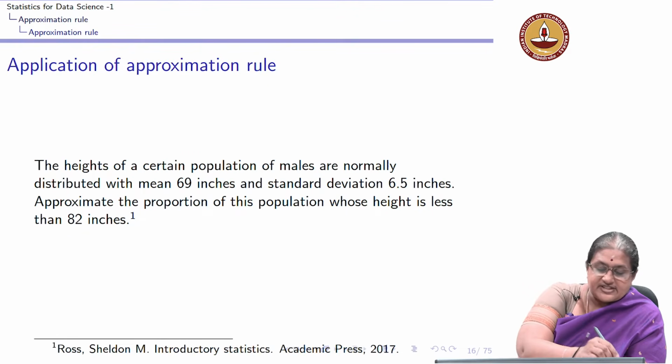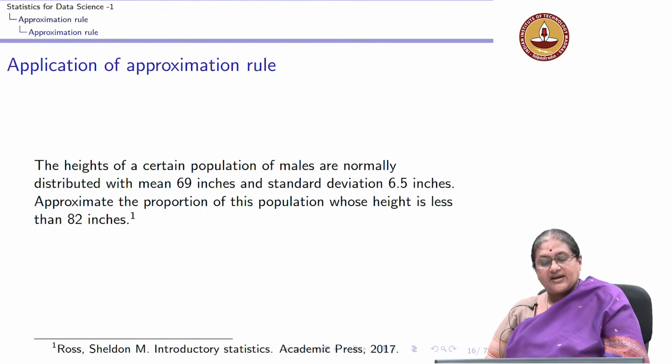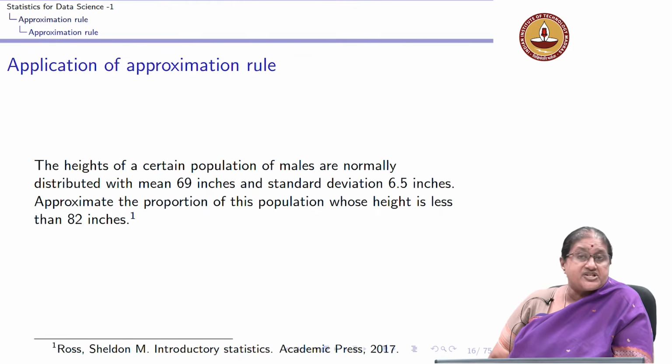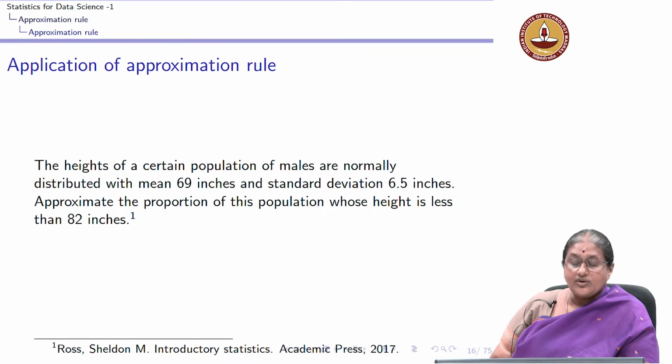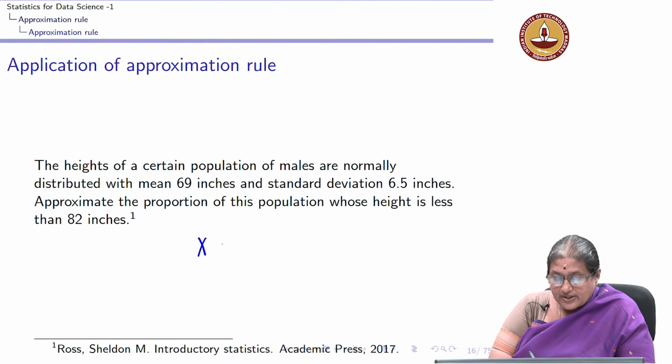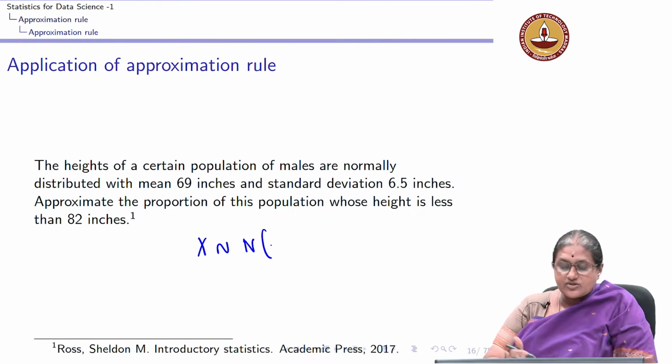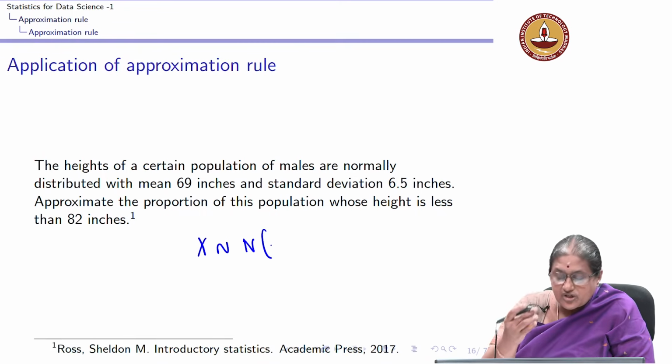The first example: it is given that we are looking at the height of a certain population. It could be 1000 people, it could be 10,000 people, but what is the distribution of heights?